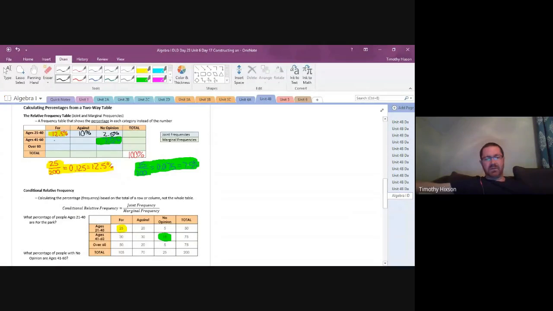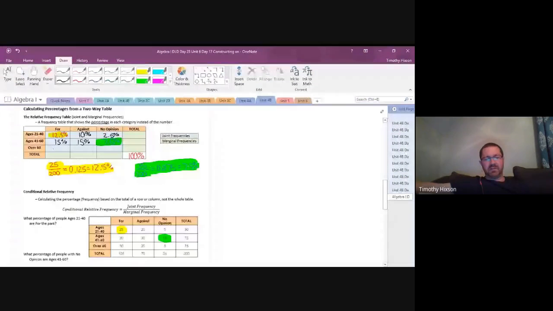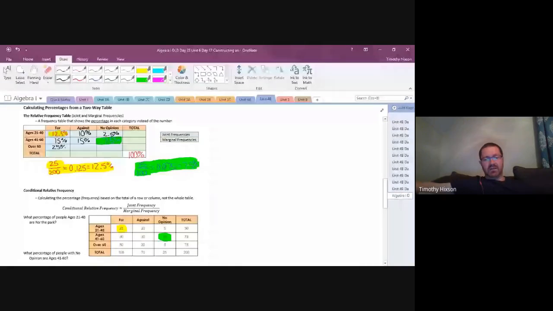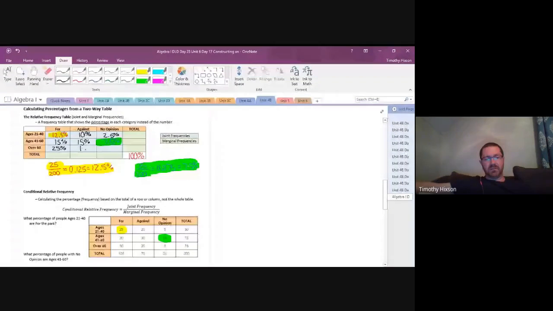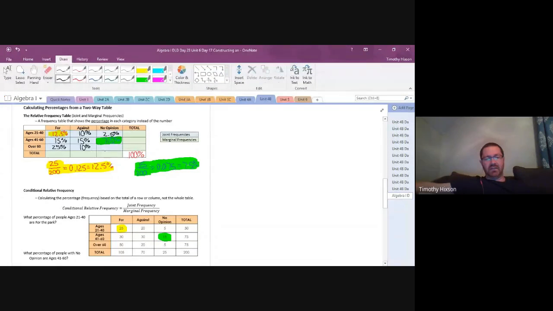That is 15%. Here again, we have 30 out of 200, so that's 15%. And then this next row over 60, there's 50 out of 200. That's 25%. 20 out of 200 is again 10%. And then 5 out of 200 we saw before, and that is 2.5%.